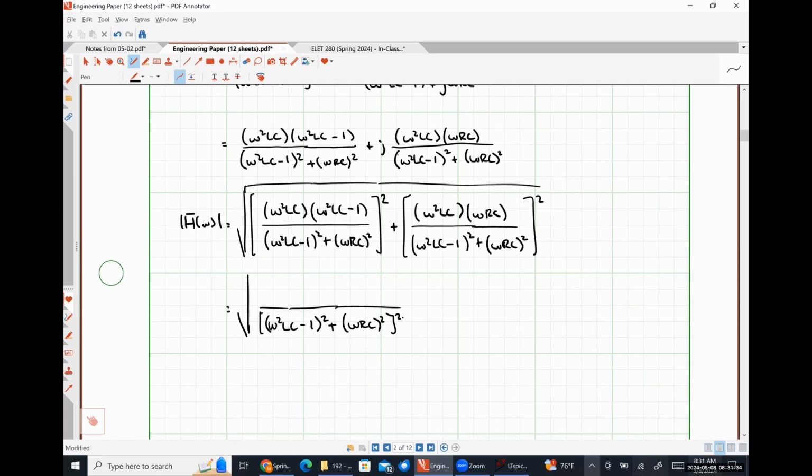So I'm just going to factor that out from both sides. So I have a common factor of omega squared LC squared. The left-hand side is going to contribute an omega squared LC minus 1 squared. And the right-hand side is going to contribute an omega RC squared.